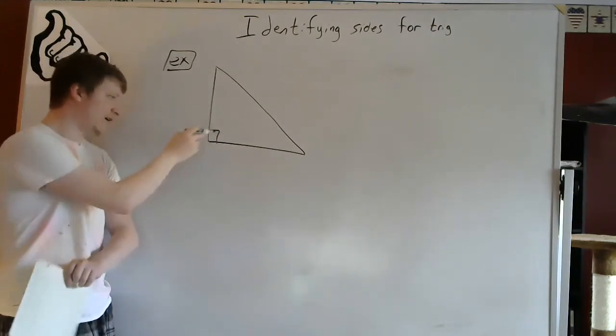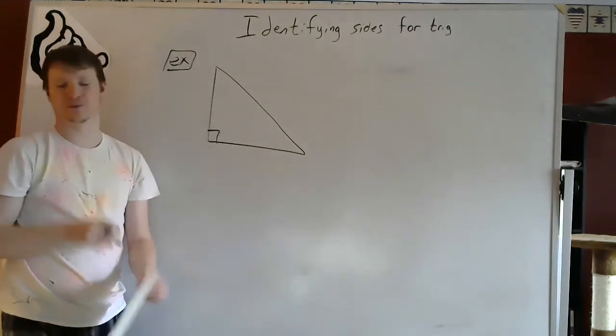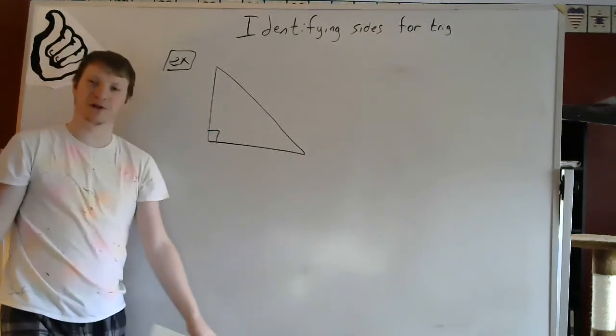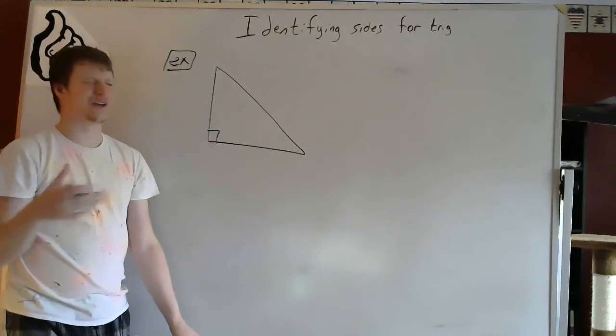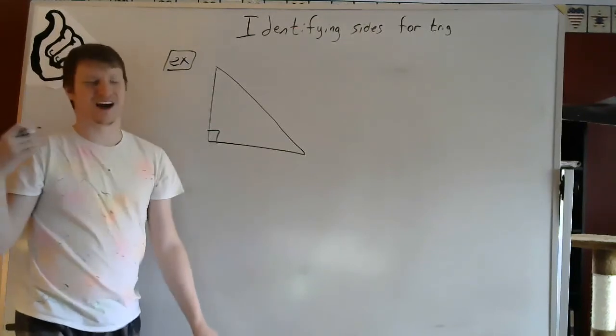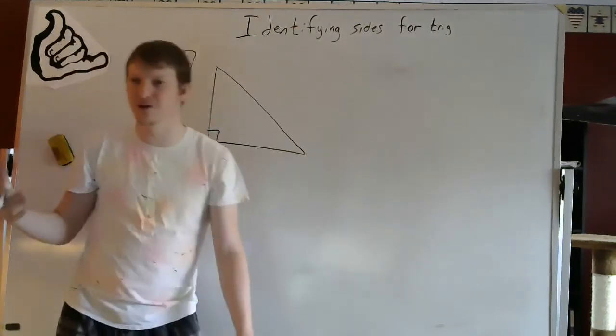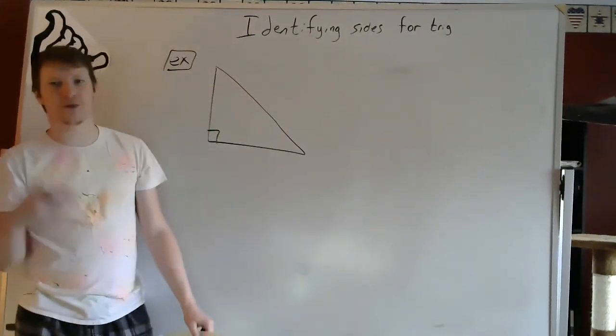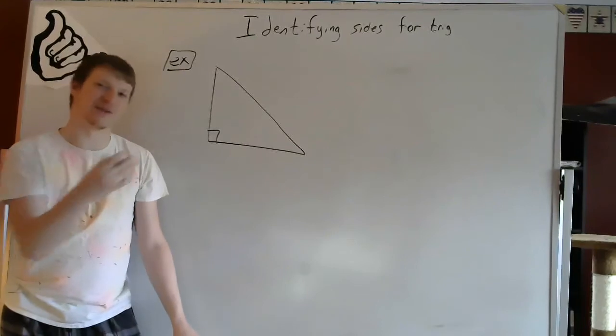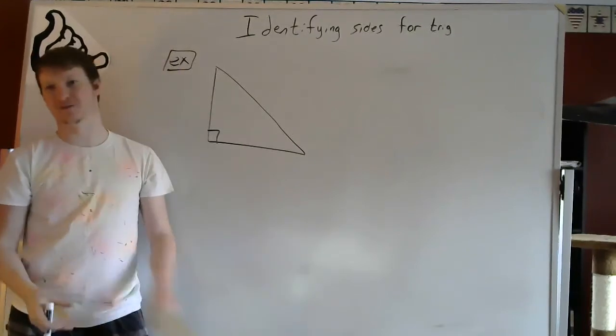The reason that we're not going to use the right angle for this stuff is because my trig functions kind of blow up with right angles. We get things like undetermined or undefined. We'll get things like 1 or 0. The right angle isn't used in trig. We use all the other ones, but we have to have a right triangle to make sense of a lot of this stuff.